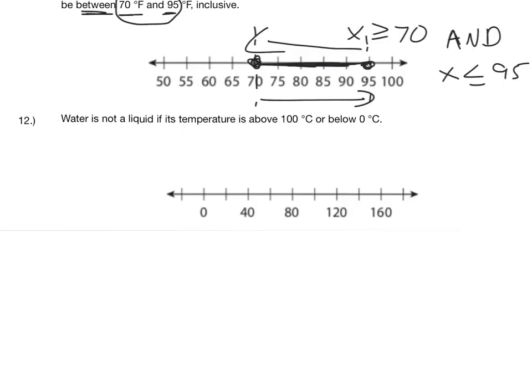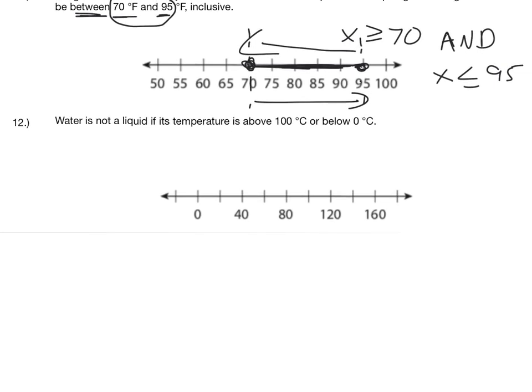So if water's temperature is above 100 degrees, it would be a gas, and if water's temperature is below 0 degrees, it would be a solid. So water is not a liquid if its temperature is above 100 degrees or below 0 degrees. Now that right there tells us we're going to be dealing with an "or" compound inequality. Or you could just figure it out.